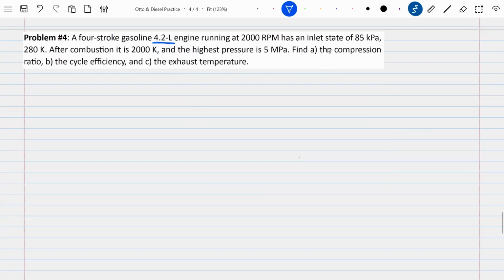Okay, with that aside, let's focus on what's going on. Again, I'm going to, like always, suggest drawing a PV diagram.